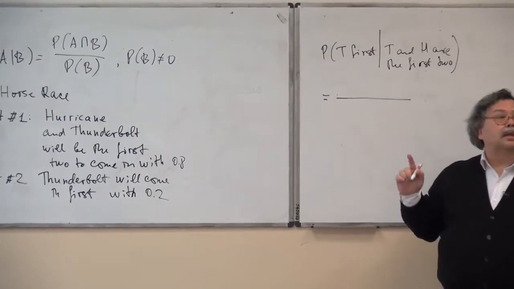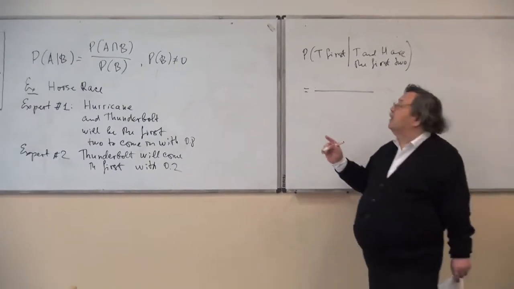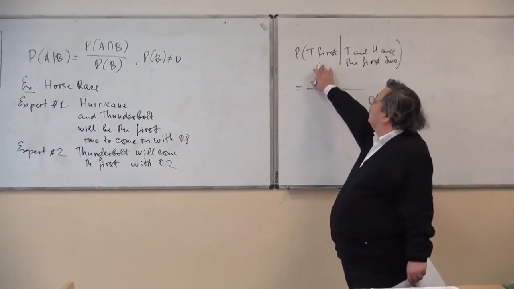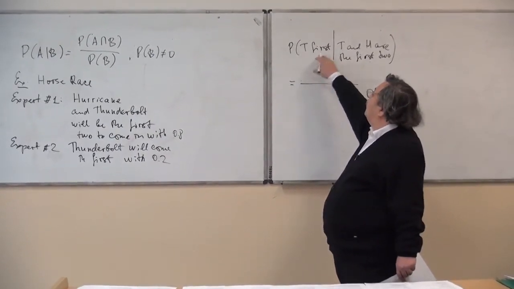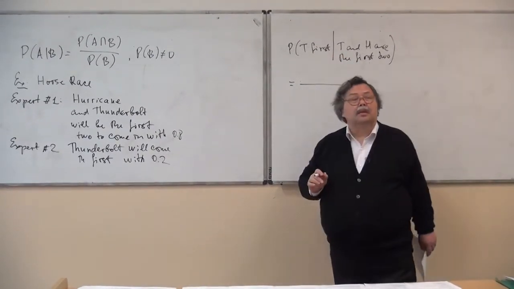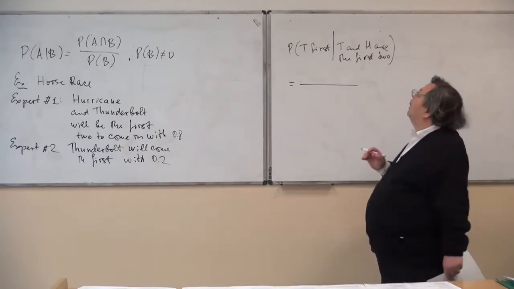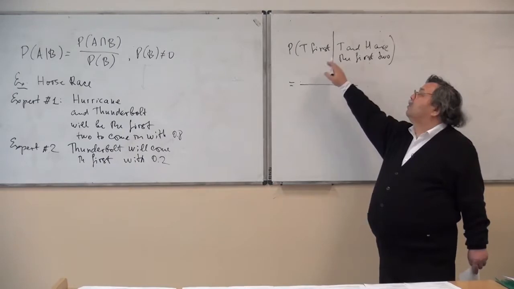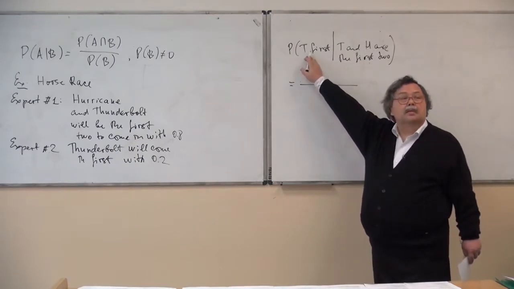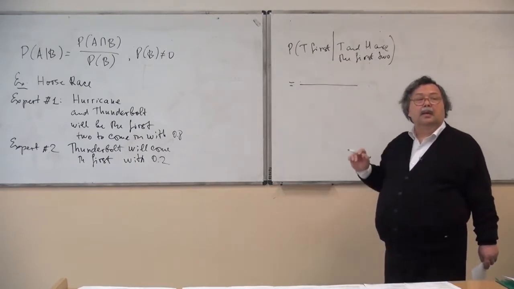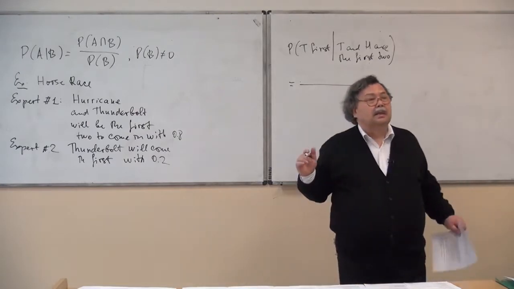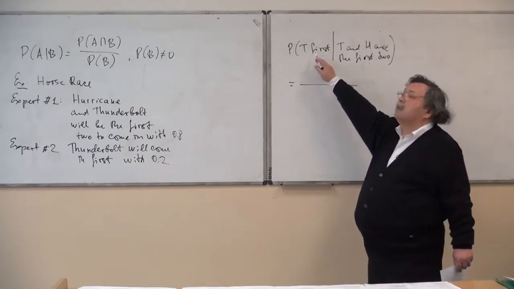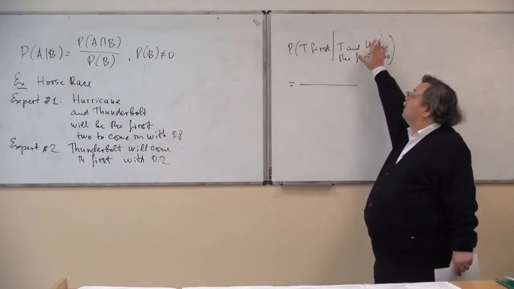The numerator is the probability that both these events occur. But if we look closely, we will notice that the intersection of these two is just the same as this one event. In terms of sets, it means that this set is a subset of this larger set.